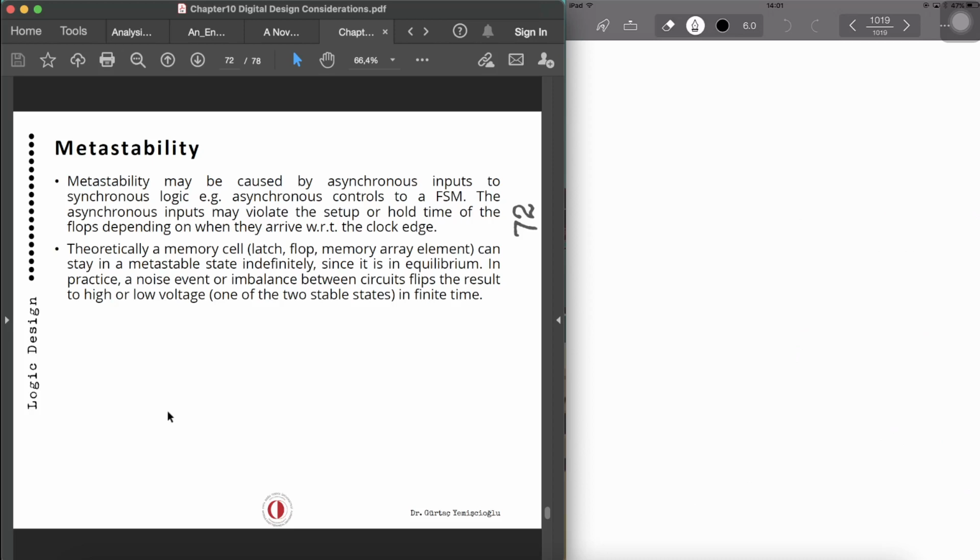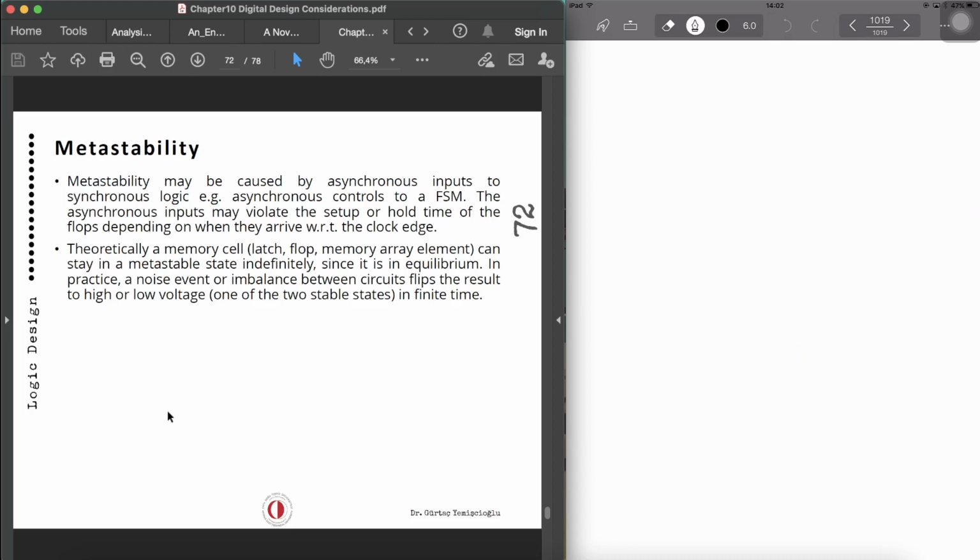And memory cells, for example latch and flop memory elements, can stay in a metastable state indefinitely. They are in equilibrium, and a noise event or imbalance between the circuits might flip the result from high to low, low to high, for an infinite time.